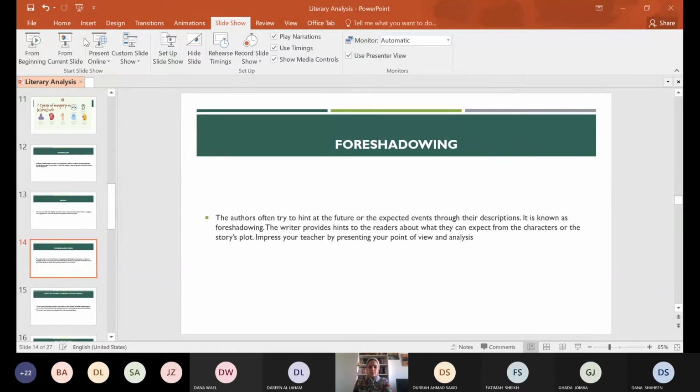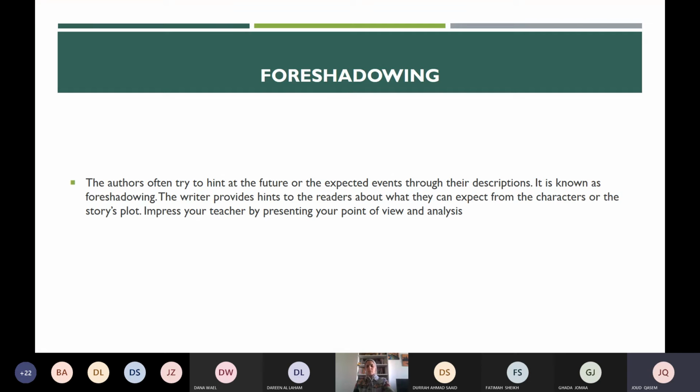The authors often try to hint at the future or the expected events through their descriptions. It is known as foreshadowing. The writer provides hints to the readers about what they can expect from the character or the story's plot. Impress your teacher by presenting your point of view and analysis. Yes, the authors hint at the future and tell you what is going to happen. Why?